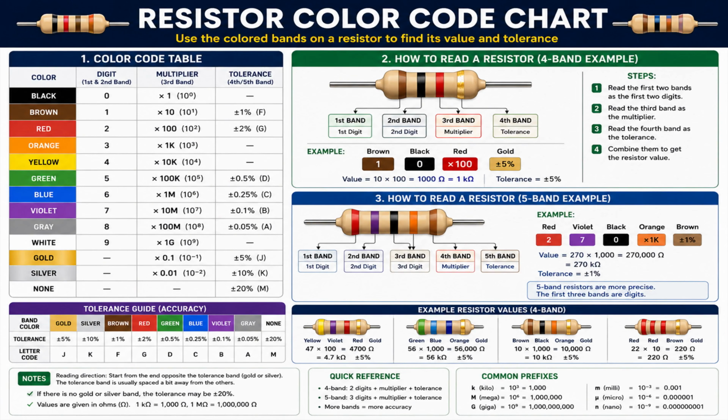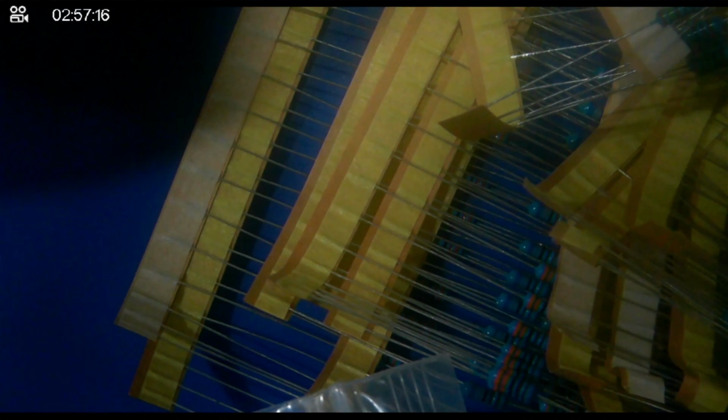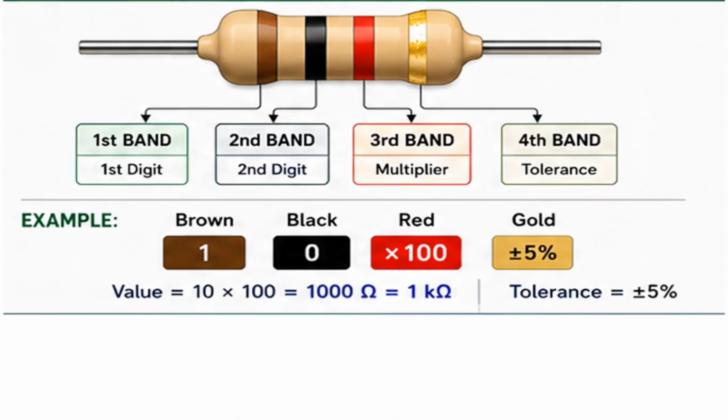Similarly with a 5-band resistor, same thing, but you have an extra band. So you have the first, second, and third, and the fourth band would be the multiplier. Same thing applies. Alright, so like I said before, I'm not a fan of using the color code, even though it's the most accurate and can give you all the details you need in terms of the tolerance and so on.